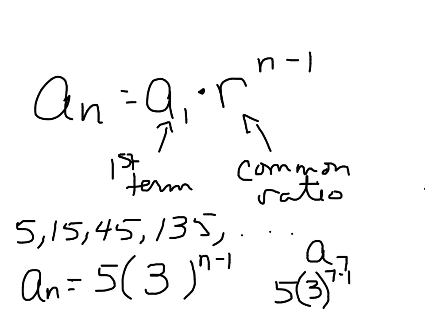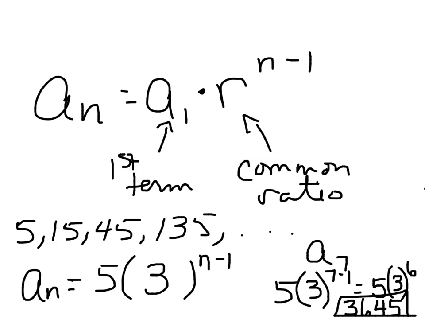What's 7 minus 1? So 5 times 3 to the 6th. What's 5 times 3 to the 6th? 3,645. Awesome.